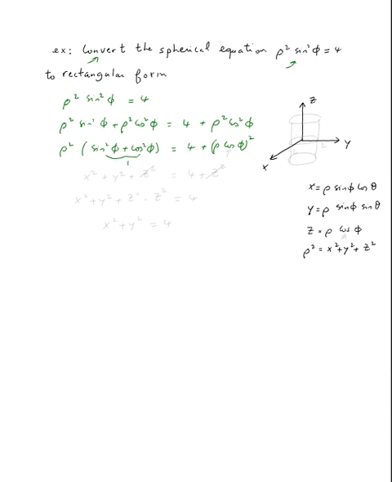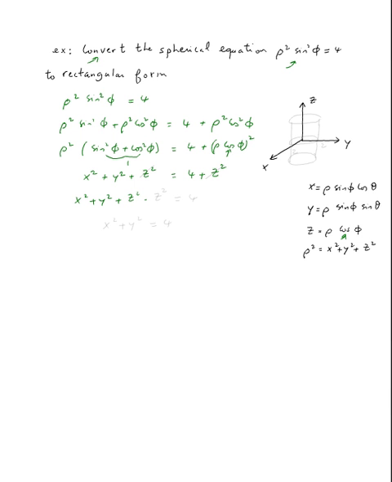Now I know this is 1, and the rho squared will be what? X squared plus y squared plus z squared, and this will be 4 plus, if you look at this, it is z. This is just a z, so z squared. Alright, so that's it, but if you want to graph it, this will be x squared plus y squared plus z squared. Oops.